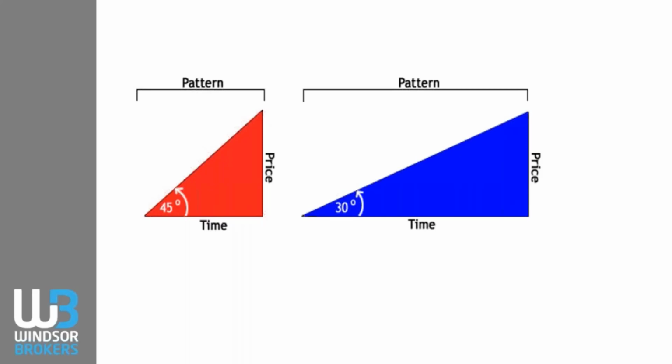So the 30 degrees is 1/2, and the price will rise by 1 unit while we'll be using 2 units of time. Pardon, I do apologize, it's vice versa.